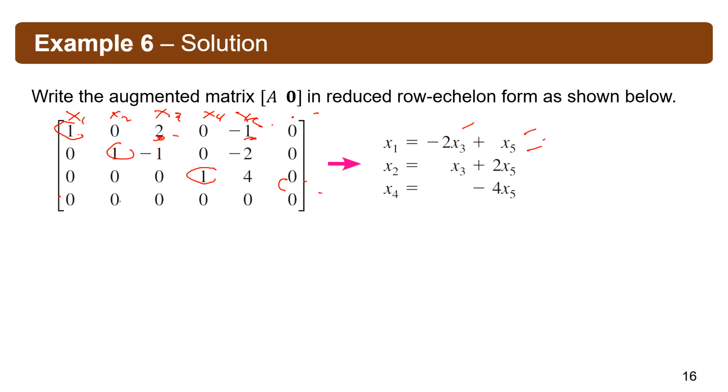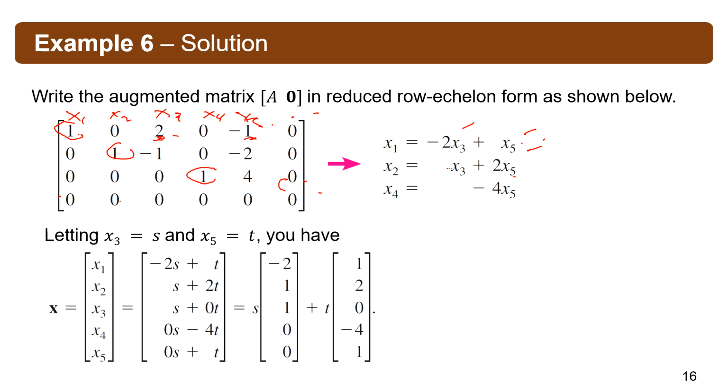And with this, you see you have x sub 5 and x sub 3 here, which are your free variables. So let that be s and t. Okay. So again, from here, you get your value of x sub 1.